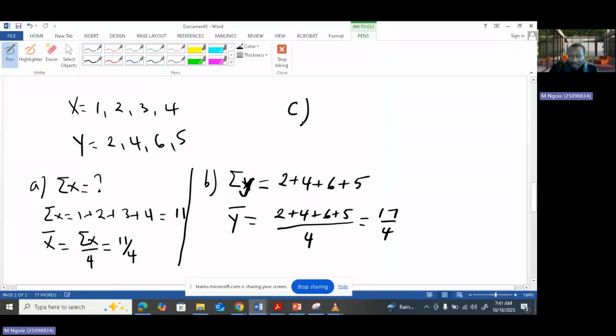But they can also ask you maybe to do this, right? The sum of x plus y, right? Very easy. It means 1 plus 2, this one, it's going to be like this, right? Very easy.